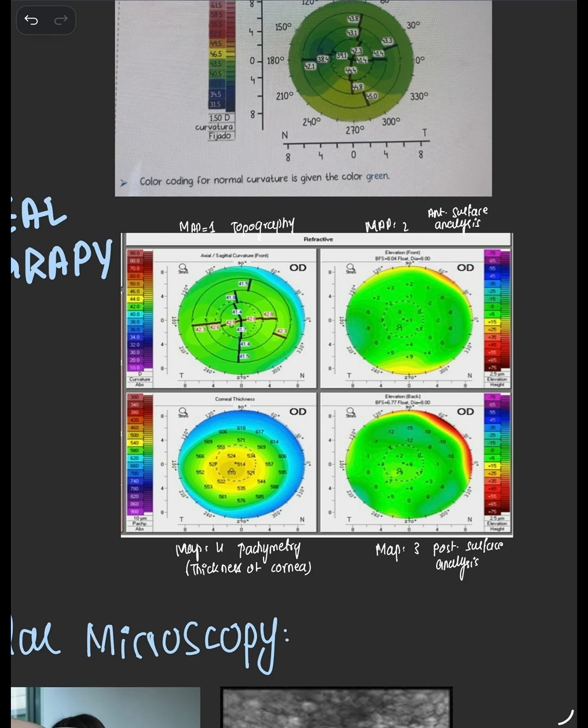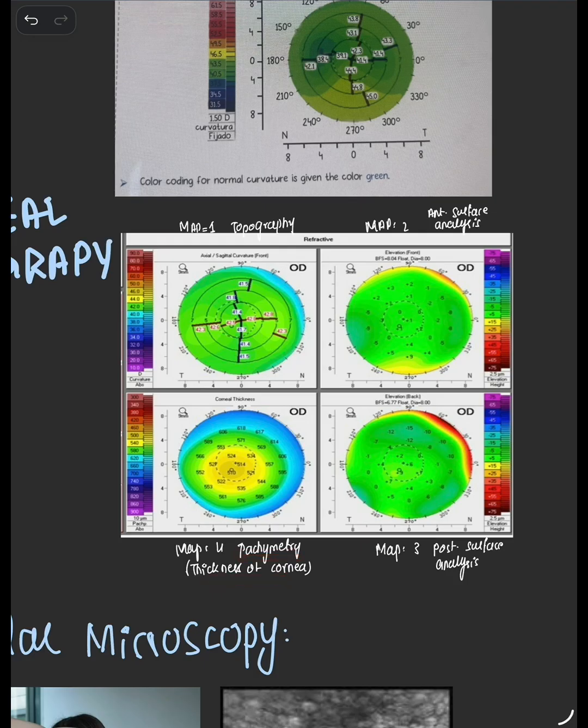This area is covered here, here and here. The posterior map shows the posterior surface analysis, and the last one shows the thickness of the cornea. So it has 4 maps.